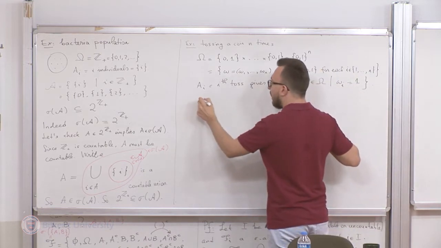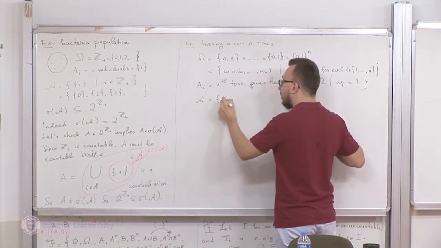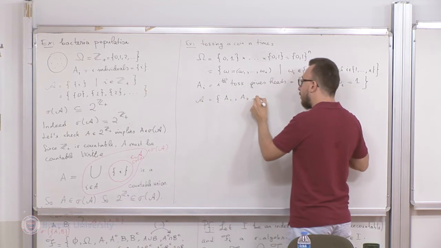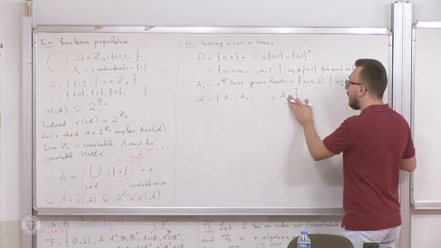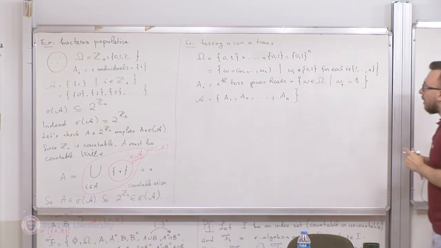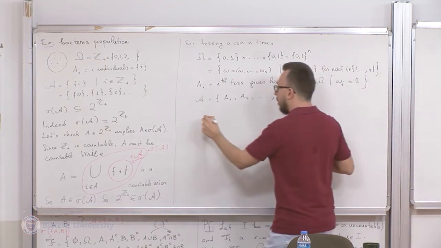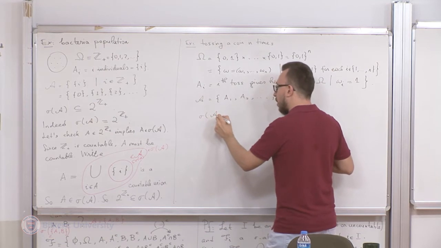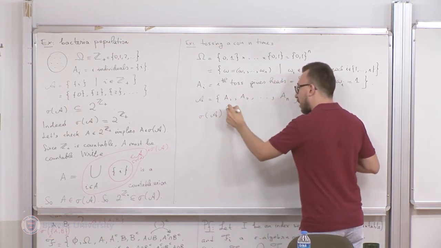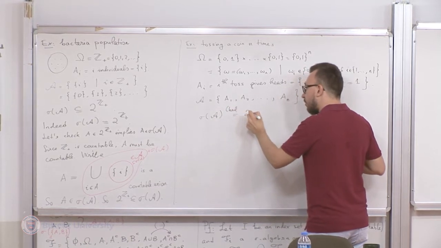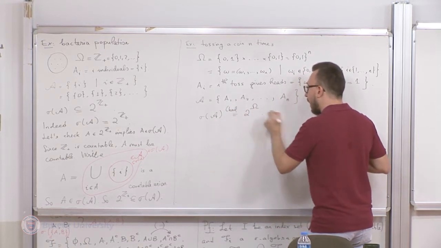So now, what is the sigma algebra generated by A1, A2, A3, A4, A5, up to An, let me say? Again, you can check that this is equal to 2 to the power omega.